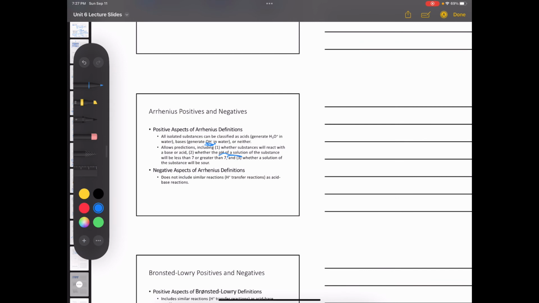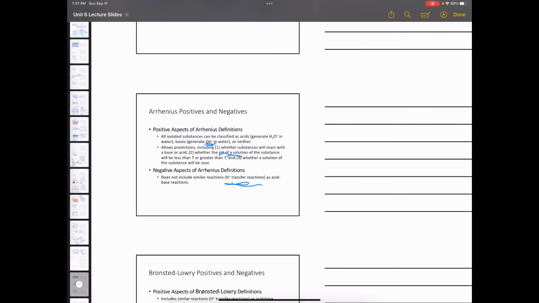On the other hand, one of the shortcomings of the Arrhenius definition is that it fails to explain reactions involving hydrogen transfer. That is, a reaction that does not involve hydronium formation or hydroxide formation, but only involves hydrogen ion transfer between the products.